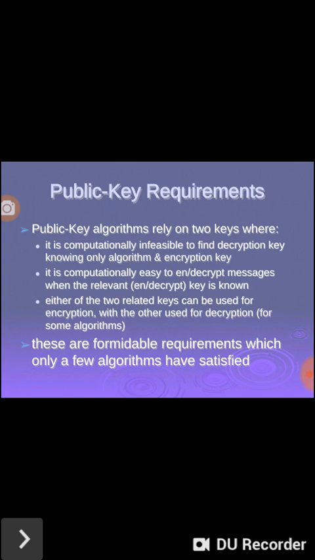Either of the two related keys can be used for encryption with the other used for decryption for some algorithms. So these are formidable requirements which only a few algorithms have satisfied. So this is about the public key requirements.